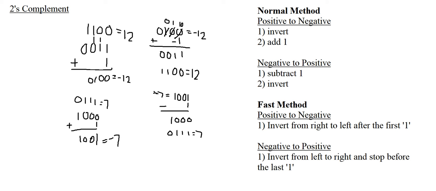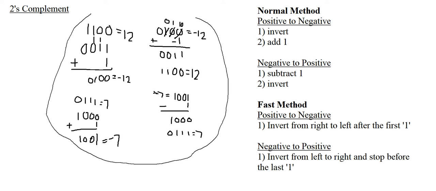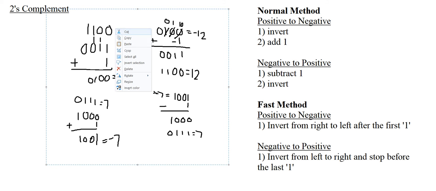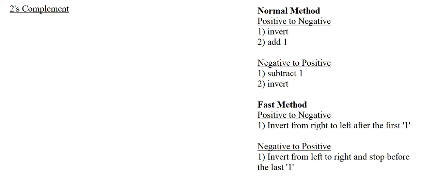Now the faster version, which is my personal favorite. Going from positive to negative, you're going to want to invert from right to left after the first 1, which sounds a little bit wonky, but let me show you. So let's use 12 again.